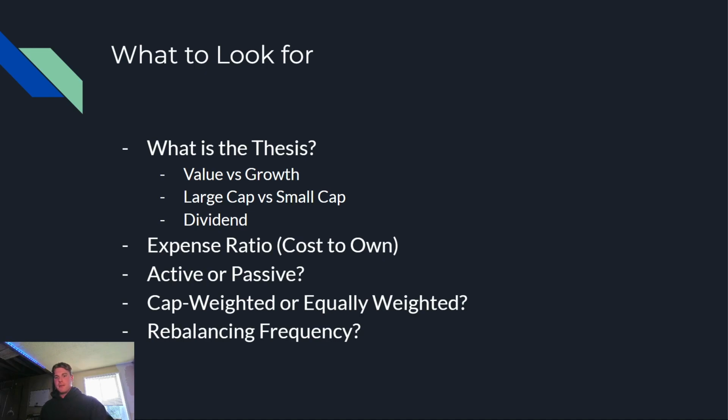And then equally weighted means if there's 10 stocks within the ETF, all of them have a 10% weighting. It doesn't matter what the actual market cap of that stock is. All that matters is what the total number of stocks within that ETF is, and then it takes the average.